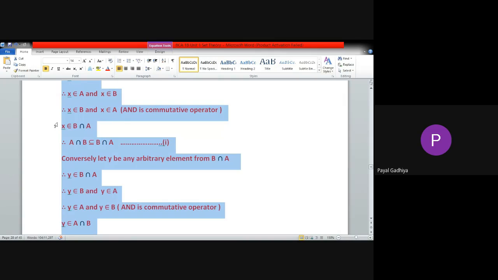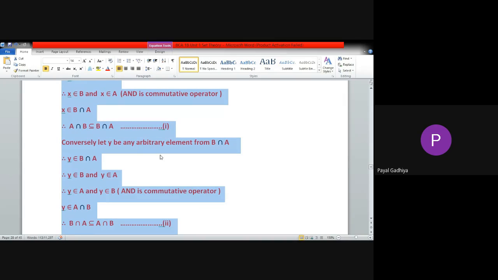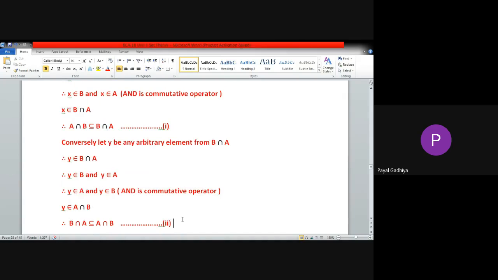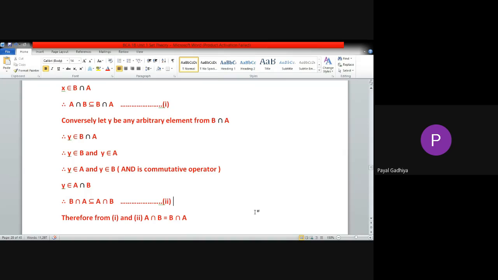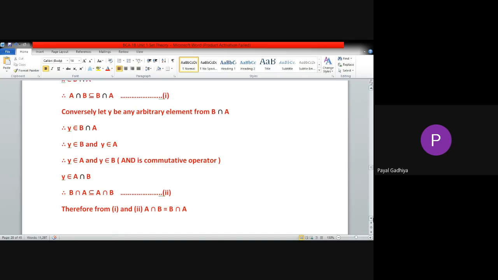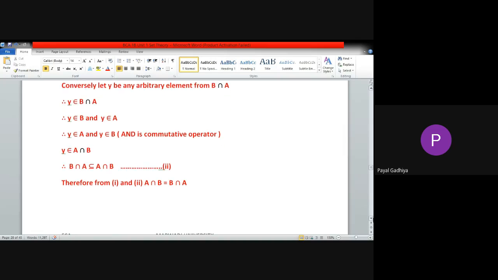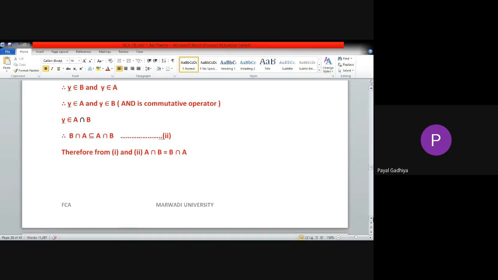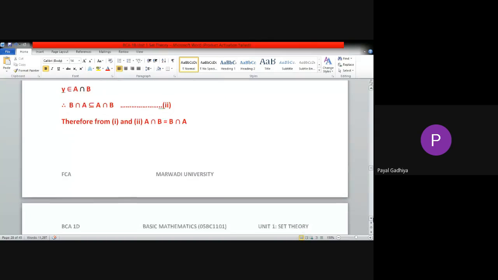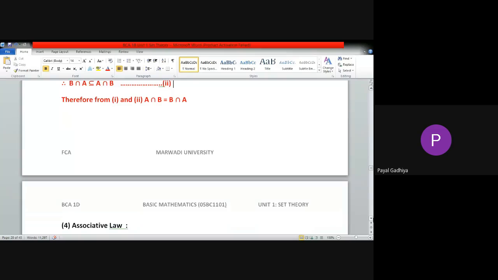So Y belongs to A intersection B, and B intersection A is a subset of A intersection B. From 1 and 2, A intersection B equals B intersection A. This completes the proof. The change is only that intersection comes in the place of union, and or is replaced by and. That's it.